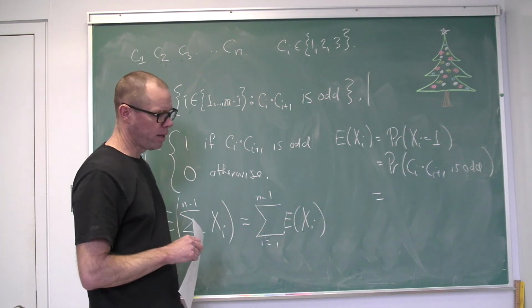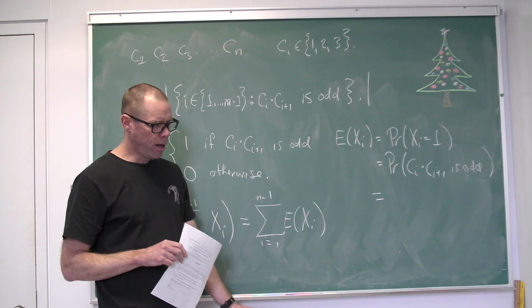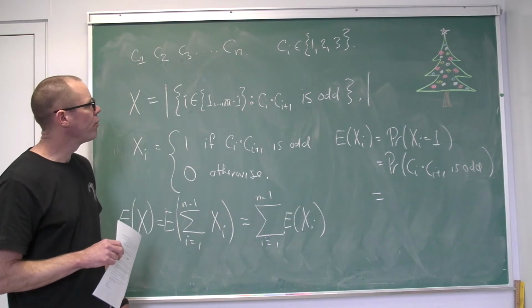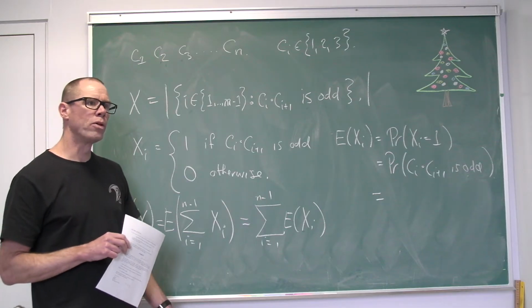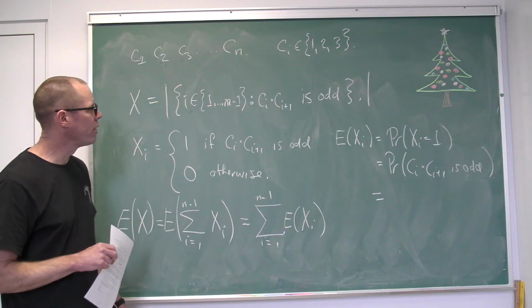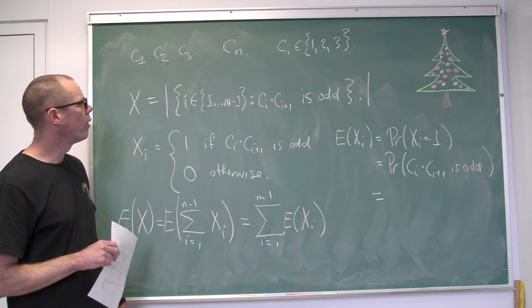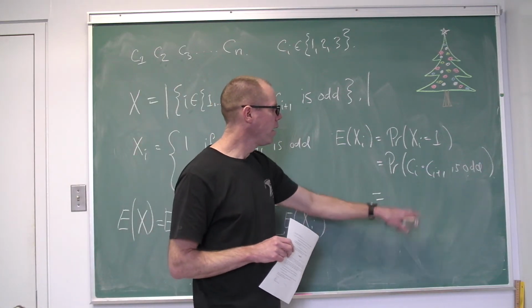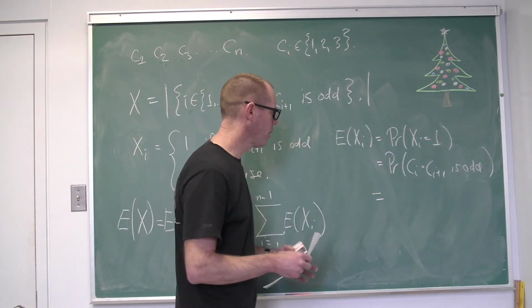So if we take an odd number and multiply it by an odd number, we get an odd number. But if we take two even numbers or an even number and an odd number, we get an even number. And so the only way Ci times Ci plus 1 is odd is if both of these things are odd.